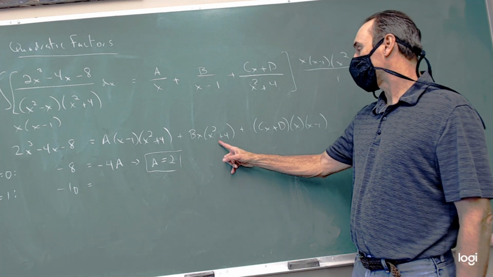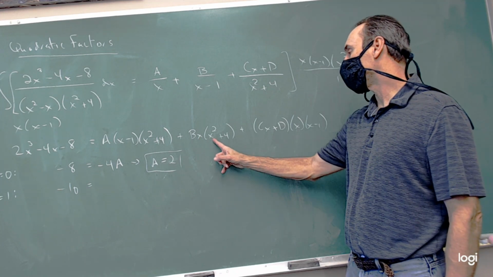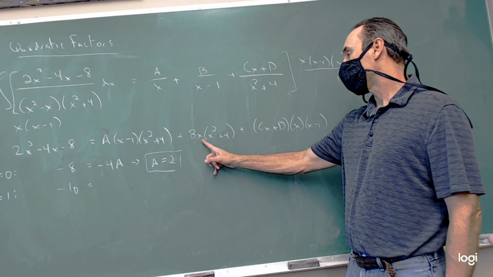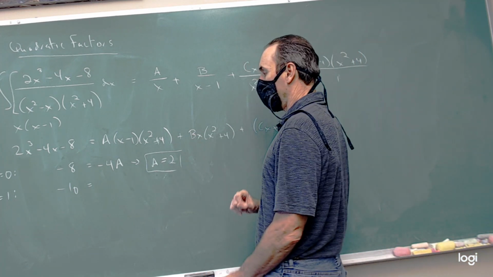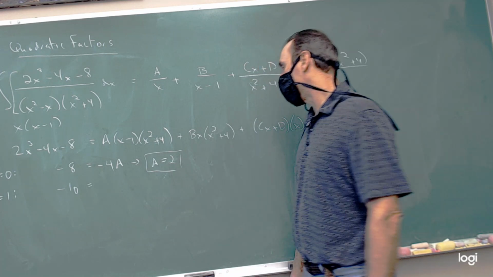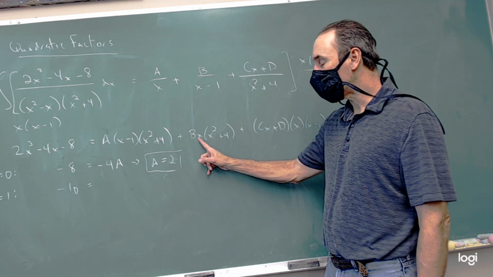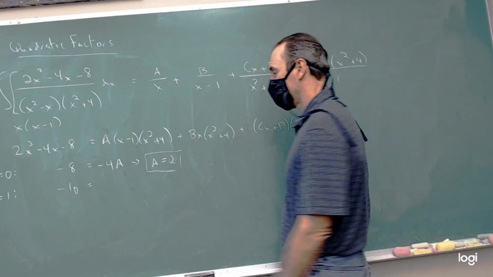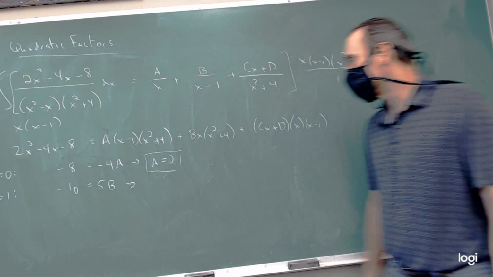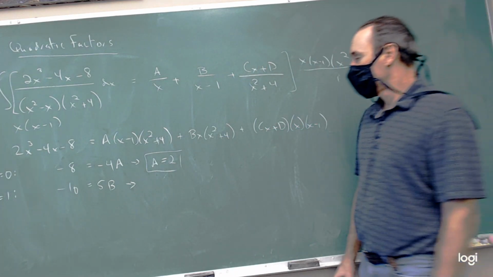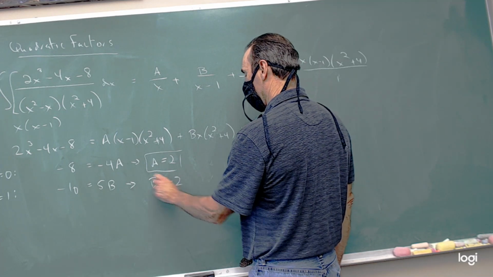Second term we're going to have to deal with. 1 for x, 1 squared plus 4 is 5, 5 times 1 times b is going to be 5b. That look better? I'll do that every now and then to see if you're paying attention. I think it's just you, Karen. So b is going to be -2.